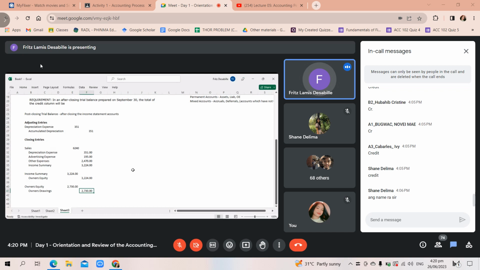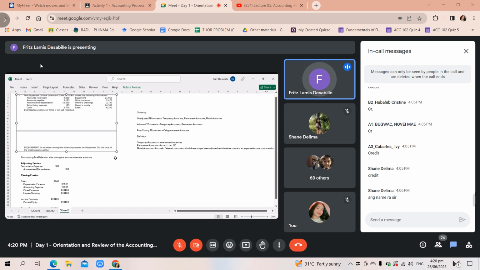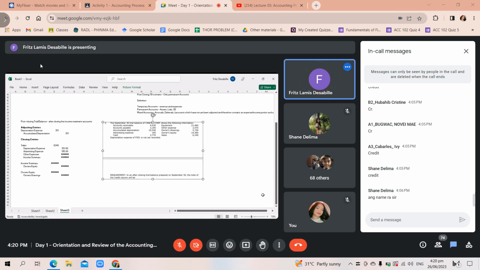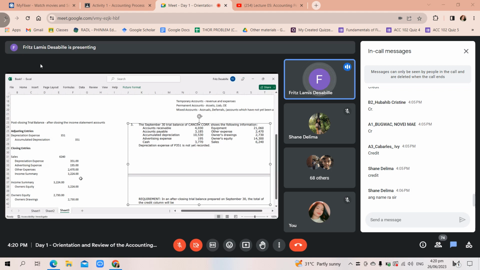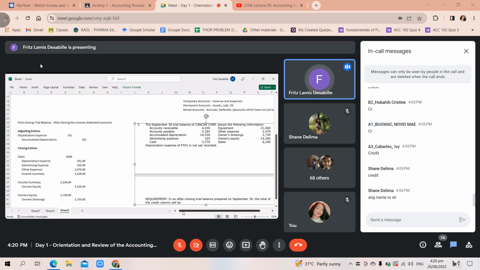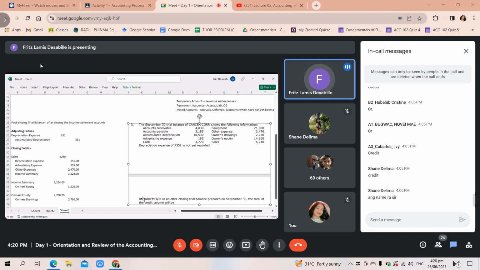Okay, so what do we have here? Expand what we had earlier side by side. Okay, so just take a look and compare so you can keep up with the closing entries and the adjusting entries, and after that we will be making the post-closing TB. So please, I'll give you 2 minutes to digest.